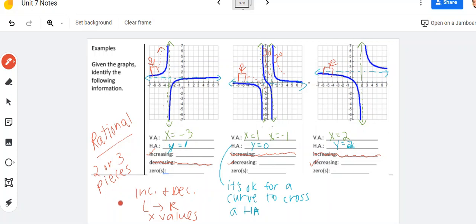So the increasing and decreasing is going to be very similar to the domain because it's helping us see the x values. So if we start out at the left side, this is continuing to the left forever. So that would be -infinity. And it continues until we run into this green vertical asymptote.